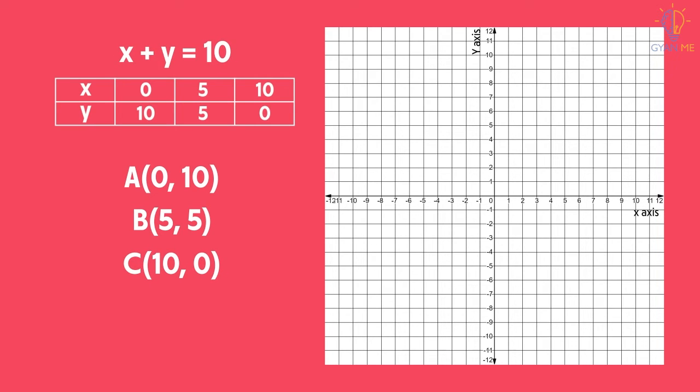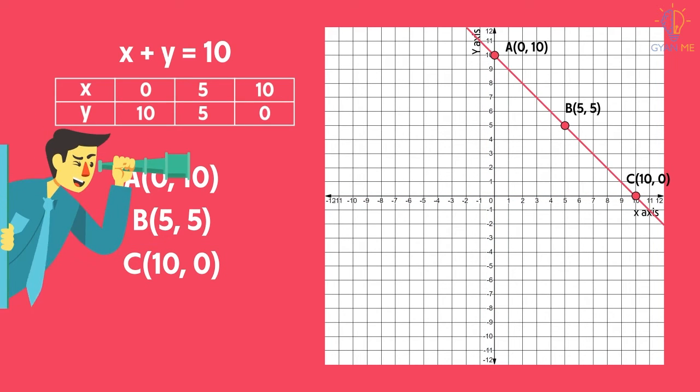For that, plot point A by taking 0 on the x-axis as the x-coordinate and 10 as the y-coordinate on the y-axis. Similarly, plot point B by taking 5 on the x-axis and 5 on the y-axis, and C by taking 10 on the x-axis and 0 on the y-axis. Now join these points and observe the graph.